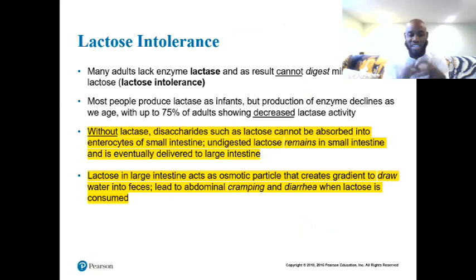Therefore, your body can't digest it. Very simply, without lactase, disaccharides such as lactose cannot be absorbed into the enterocytes of the small intestines. Very simply put, that makes you lactose intolerant.